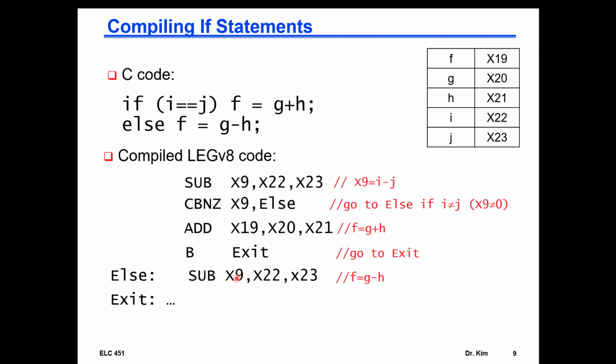This should be f over here, that should be 19. This one should be h, so that should be 21. And this should be g, that should be 20. So in essence, this should be the same as this: 19, 20, and 21. This one's okay.